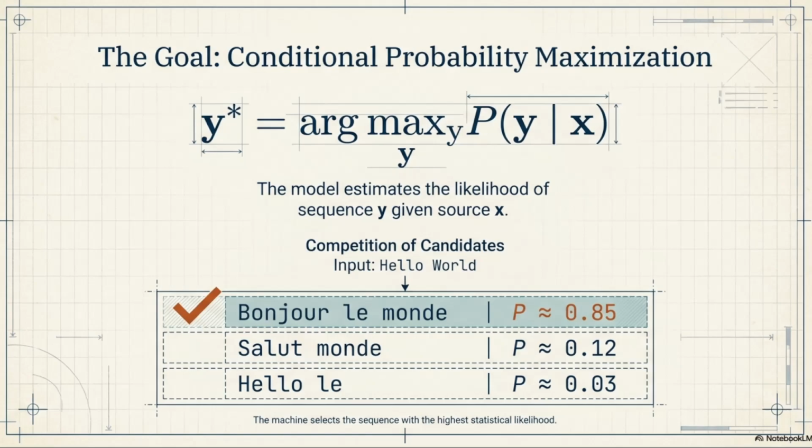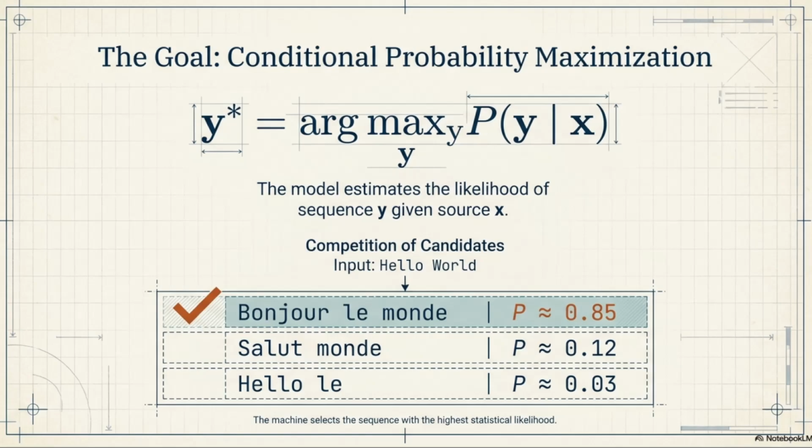So the goal. First, let's define our mathematical objective. Machine translation is essentially a conditional probability problem. We're not just generating random French words, we're looking for the specific sequence of words that maximizes the probability conditioned on our input x.